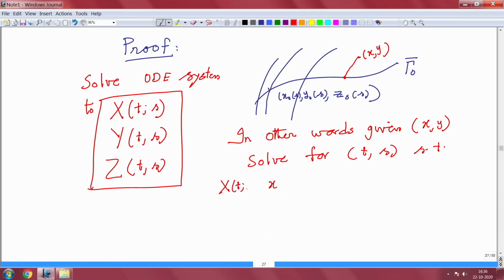This is what you want to solve. You want to see that there is a characteristic through it.